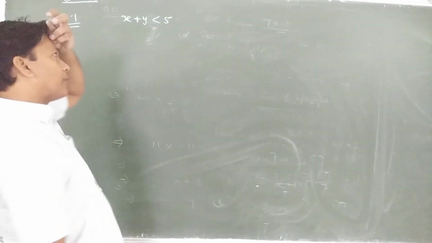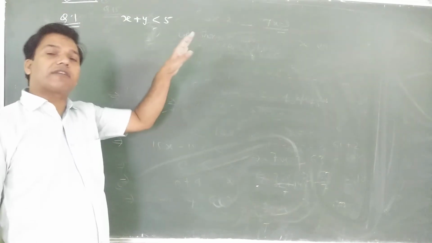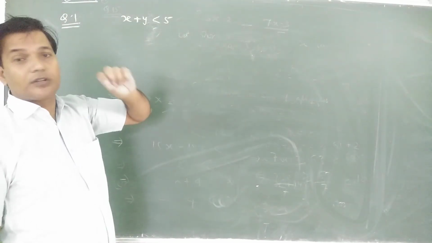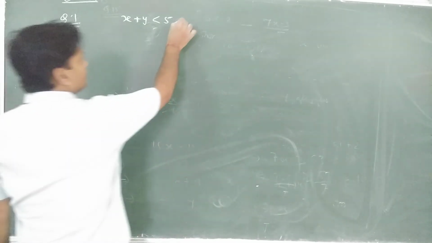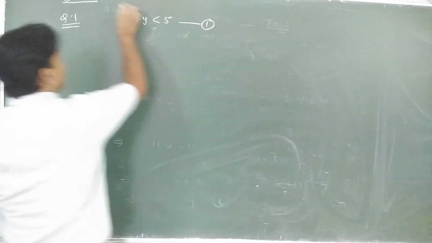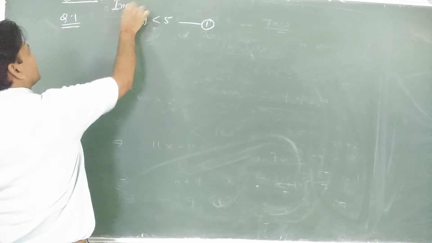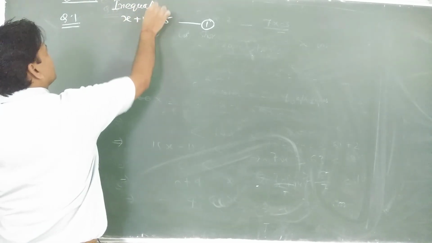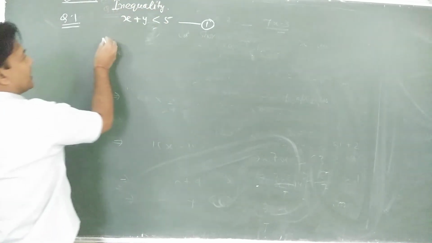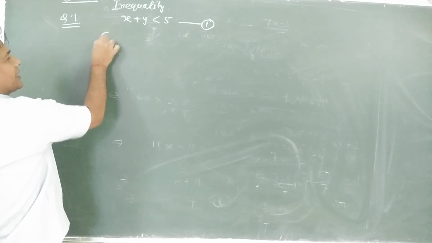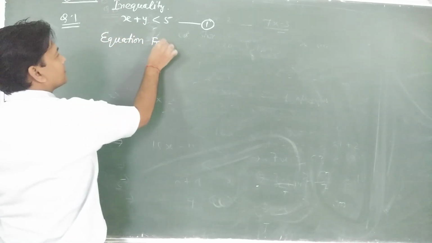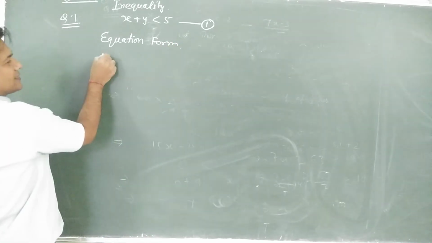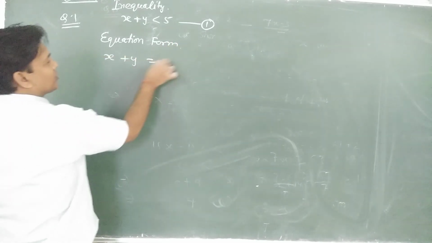So look at the board here. First we have to convert this into equation form. This is our inequality, and now we want to convert this into equation form, and that is x plus y is equal to 5.